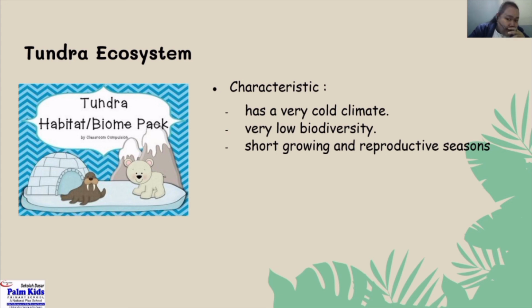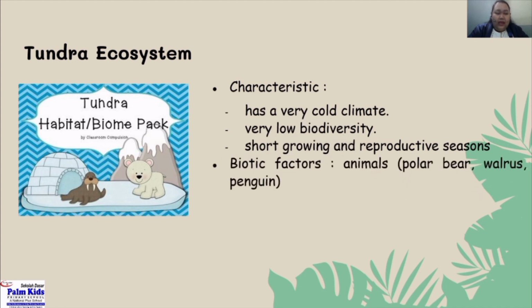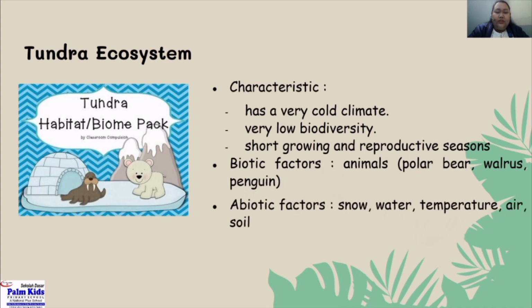It means the plants or animals have a short reproductive season. Okay, the biotic factors are animals like polar bear, walrus, penguin, and then the abiotic factors are snow, water, temperature, air, and soil.